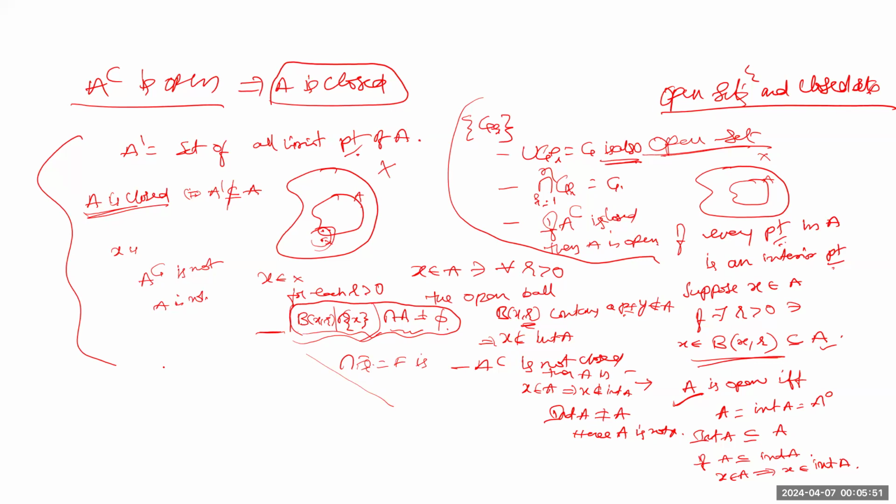Now I need to focus on example 2 and example 5. The remaining ones we have almost all discussed, and you can easily understand the way to prove those sets are open or closed or not open or not closed. So now I am focusing on question number 2.